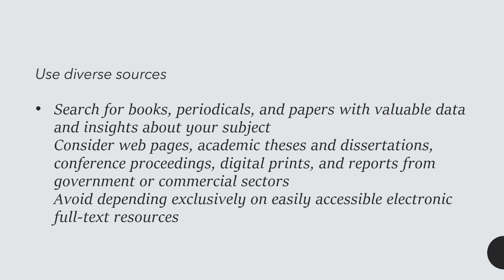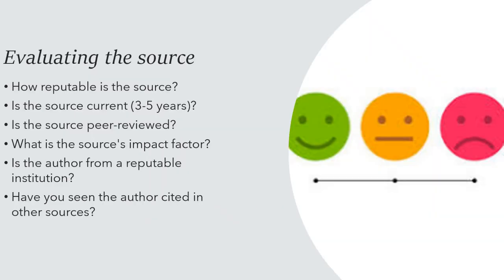So if the full text isn't available, you can email the author and they will usually give it to you for free, but then they will tell you it's only for your personal use. So please check that the databases are legitimate. We'll give you examples of different databases, but that goes with your ability to evaluate your sources.